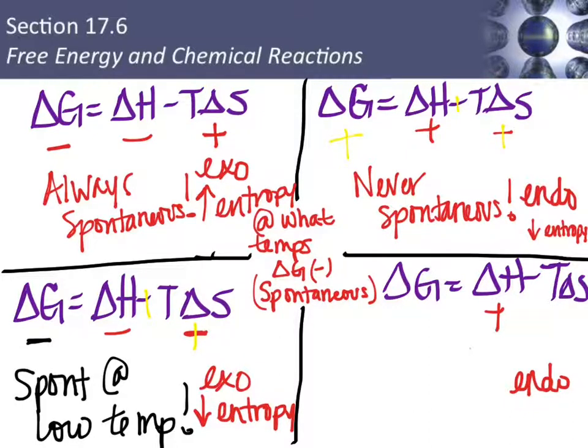And if we take a look at the next one and we say, if we increase entropy and it's an endothermic reaction, so we have a positive entropy, then at what point can we get a negative G? It is only at high temperatures.